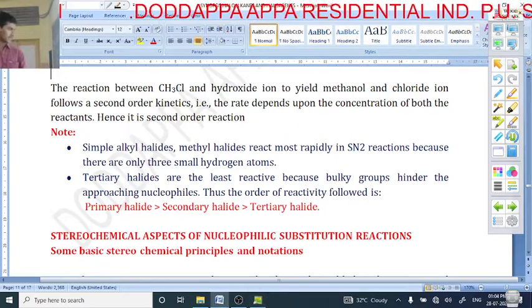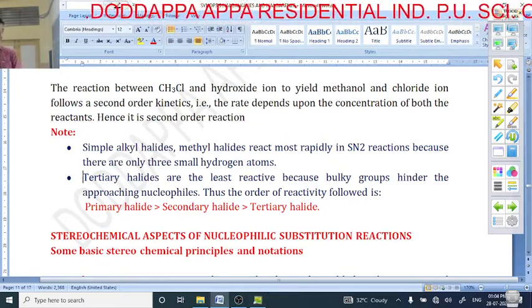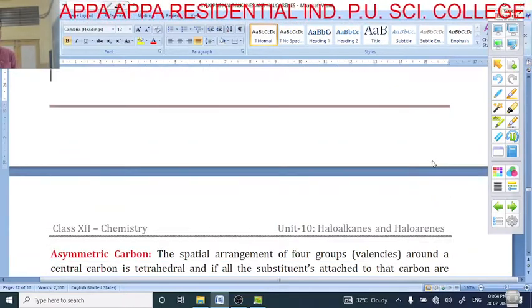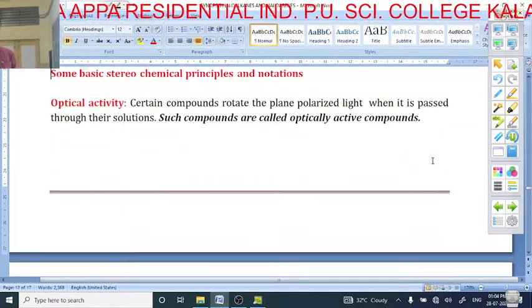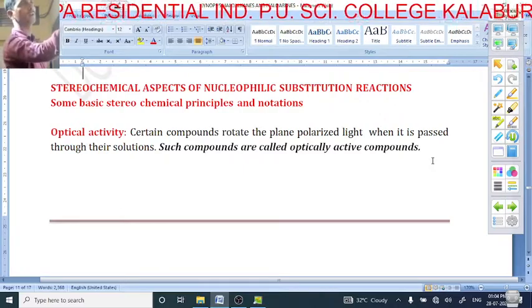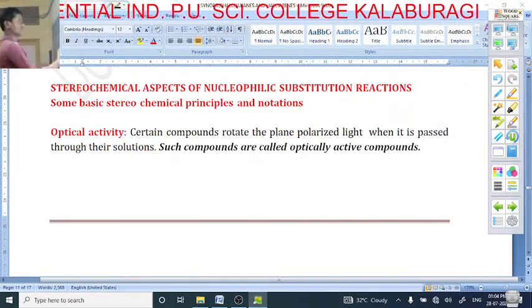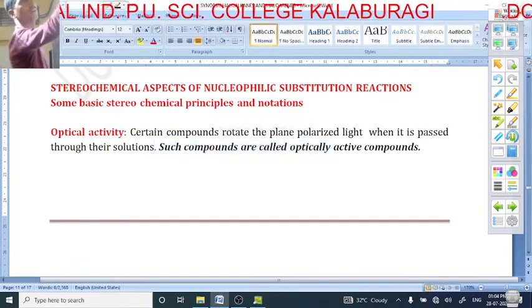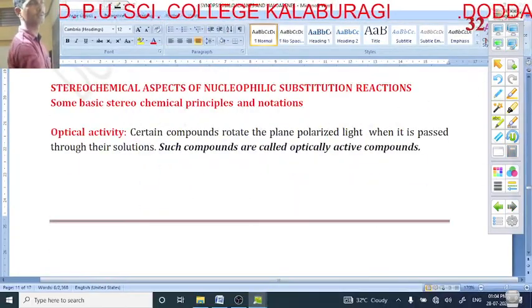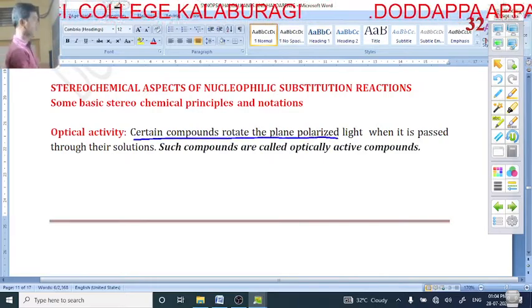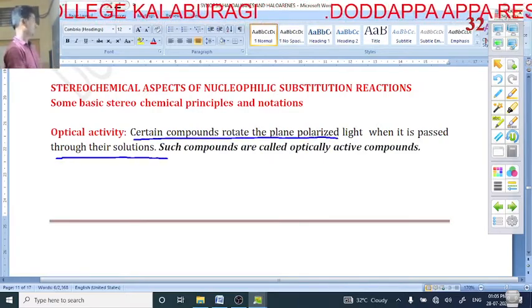The next slide is stereochemical aspects of nucleophilic substitution reactions. Here I can discuss optical activity. What is optical activity? Certain compounds rotate the plane of polarized light through their solution.